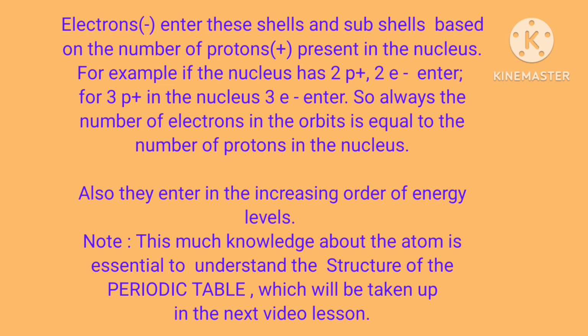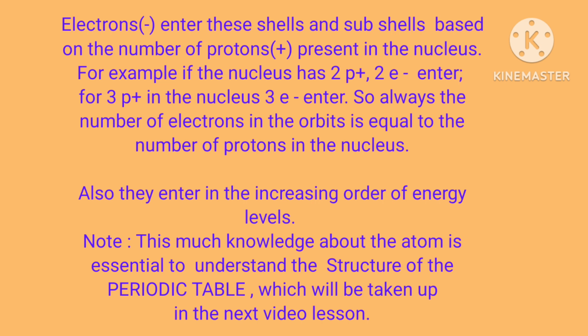Electrons, that is the negatively charged particles, enter these shells and subshells based on the number of protons present in the nucleus. For example, if the nucleus has 2 protons, then 2 electrons enter. Suppose there are 3 protons in the nucleus, then 3 electrons enter into the orbit.